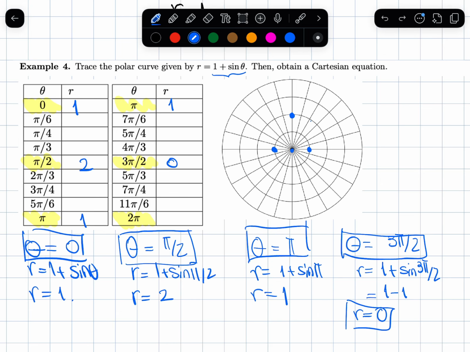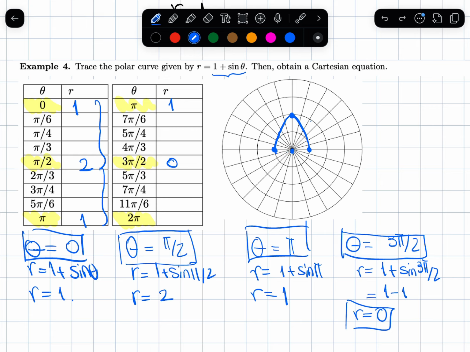So the least you could possibly get is 0, which happens exactly at 3 pi over 2. So when you go from this angle to this angle, you're changing from 1 to 2, and then changing back from 2 to 1, and then you're changing from 1 to 0. So your distance is going to decrease. You're going to look this way, it's going to be a little less, a little less, a little less, until you close all the way to 0.